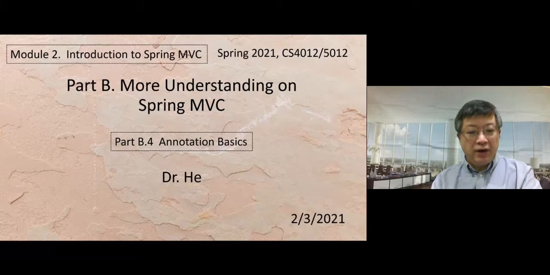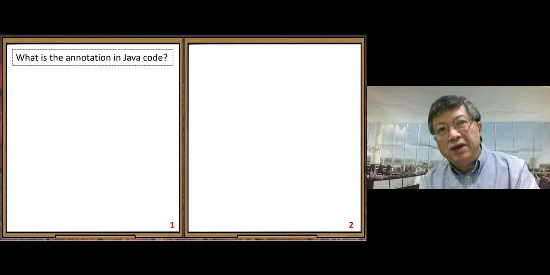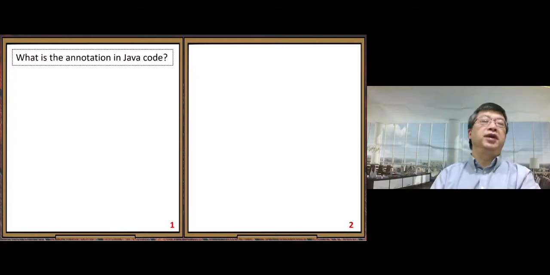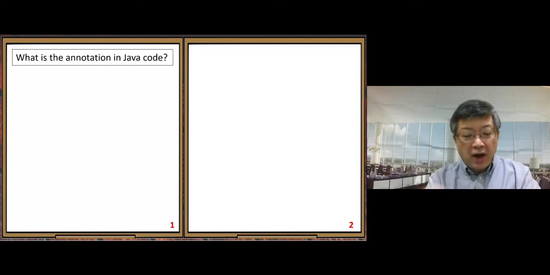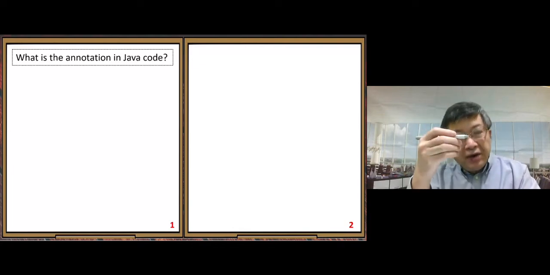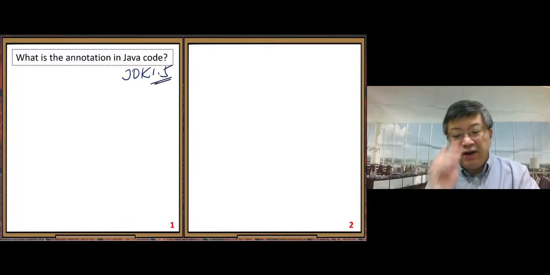All right. First, let's look at this question. What is the annotation in Java code? That technology, annotation technology, was added into the Java JDK since version JDK 1.5. That early, 1.5, version 5.